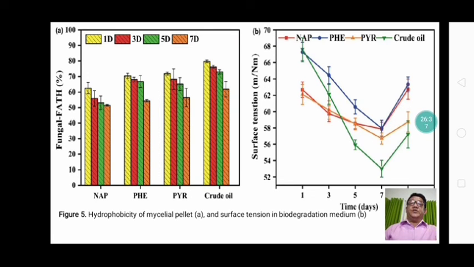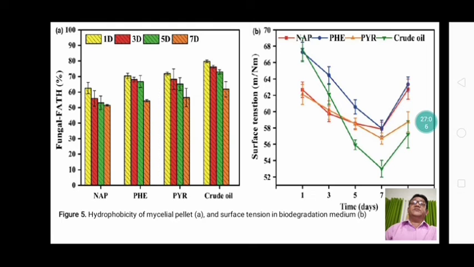This absorption process may be associated with biodegradation. Hydrophobicities of mycelia pellets cultivated in the crude oil, naphthalene, phenanthrene, and pyrene medium reached more than 70% on the first day and 54% at 7 days, implying the notable emulsifying efficiency and high degradation activity of mycelia pellets. Some researchers have reported the relationship between cell surface hydrophobicity and degradation of crude oil by microorganisms.